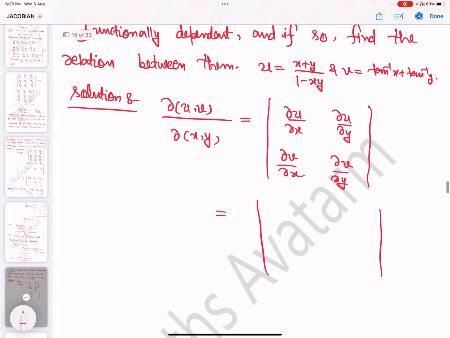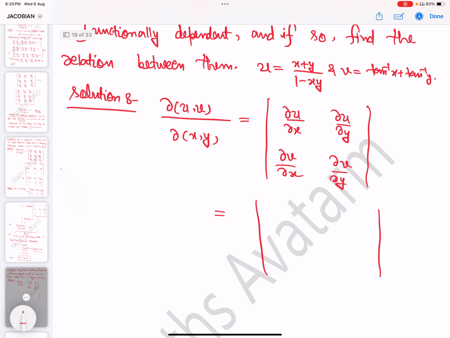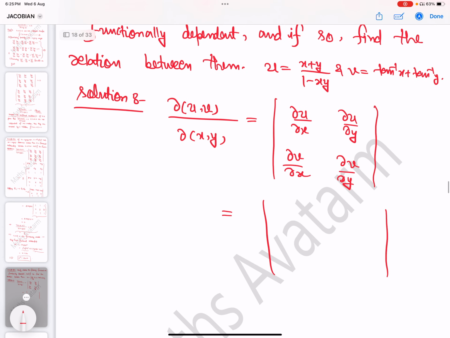So what is del u upon del x? Calculate del u upon del x here. Del u upon del x is 1 minus xy whole square, 1 minus xy with respect to x minus x plus y into minus y.